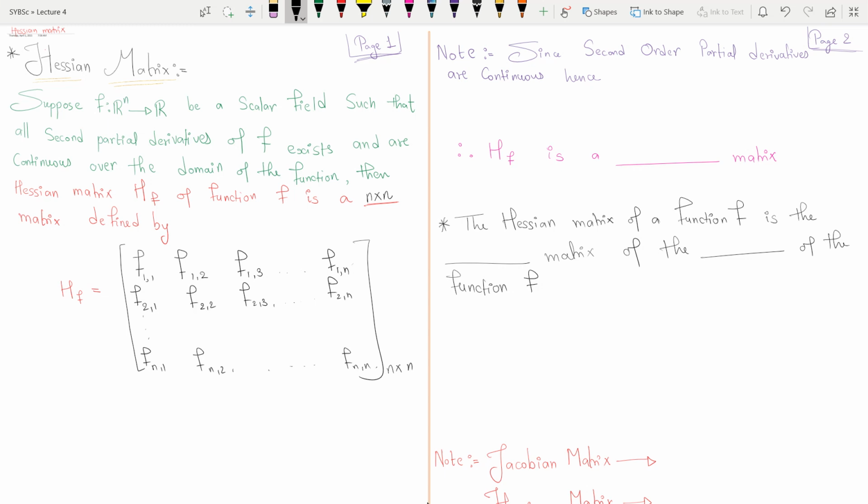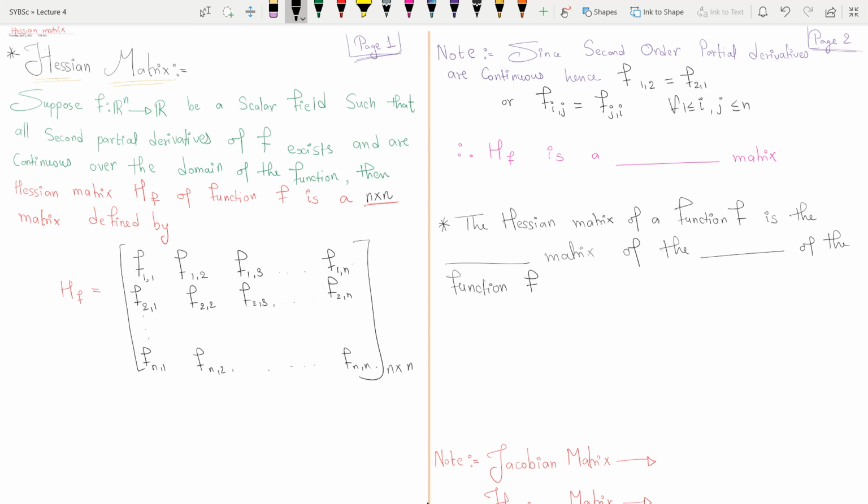Hence I can write that since my second order partial derivatives are continuous, f1,2 is the same as f2,1, or more generally, f of i,j is the same as f of j,i for all i and j in the range from 1 to n.